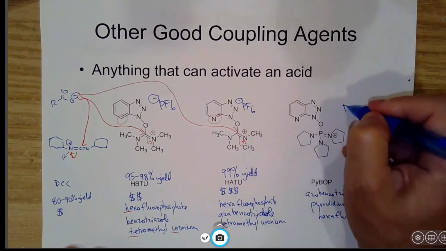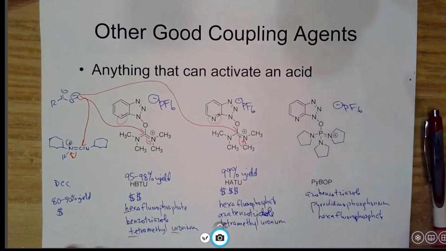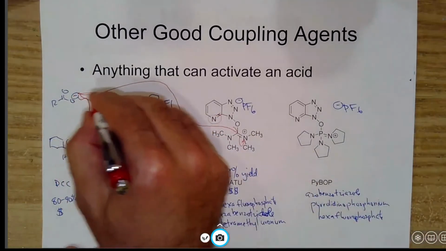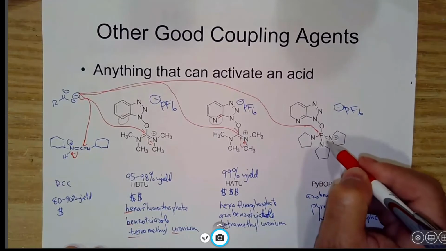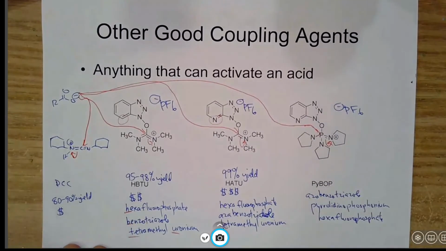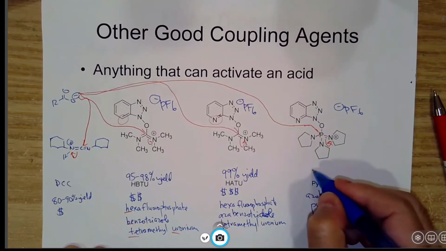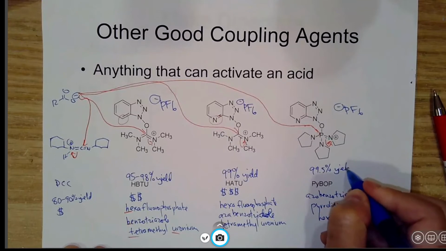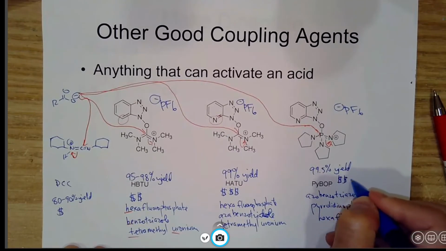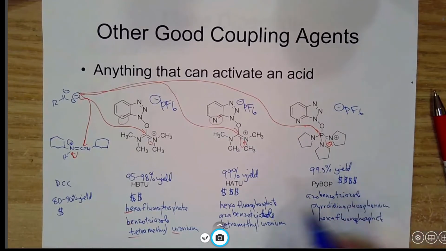Okay, and this is going to function similarly to the other groups, in that you now get attack at the central phosphorus instead of carbon. It's a very effective coupling reagent, with 99.5% yields on average. But this one is quite expensive and typically requires deep pockets.